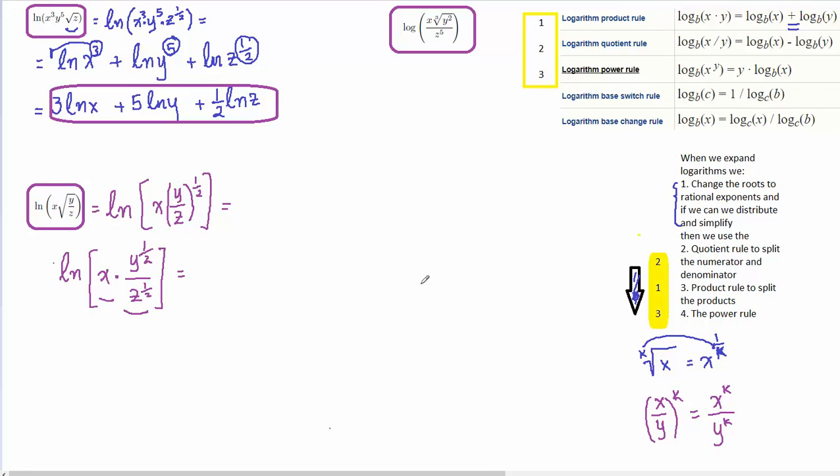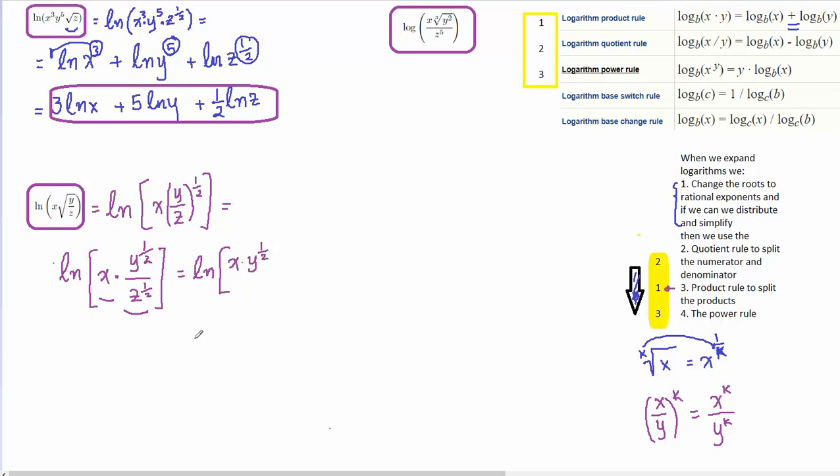So what I will do is follow my priority of operations here. I want to first finish with the quotient rule and then move on to the product rule. In order to do that, first I'm going to multiply the x and move it to the numerator.